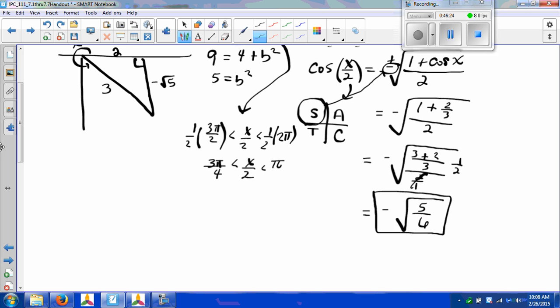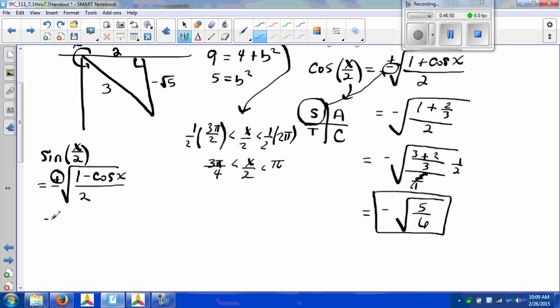All right. Next, we're going to do the sine of x over 2. Sorry. Again, that's going to be plus or minus the square root. And I need to choose if it's plus or minus. Well, sine is positive there. So I'm going to choose the positive. And then 1 minus the cosine of x over 2.